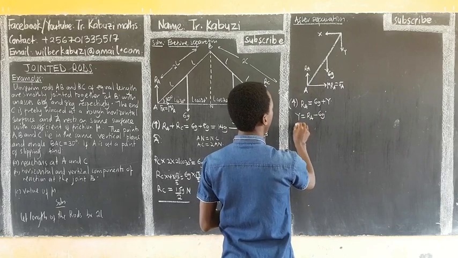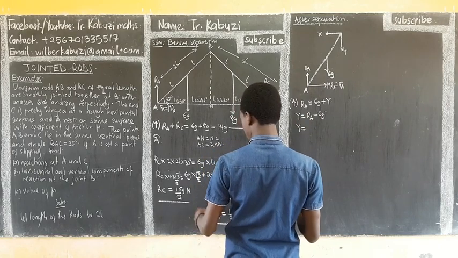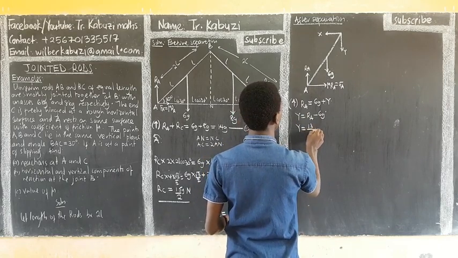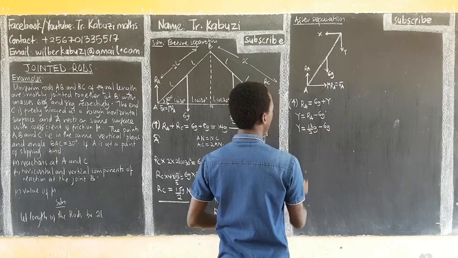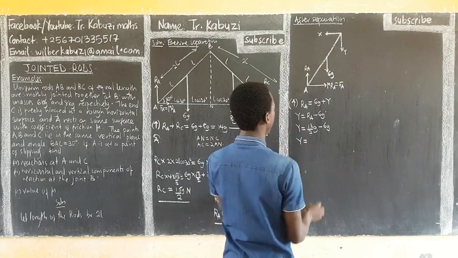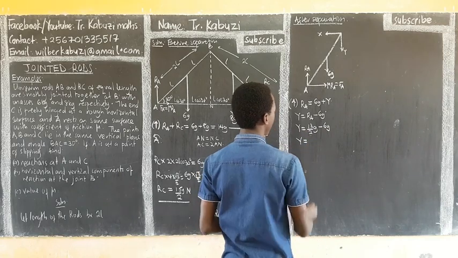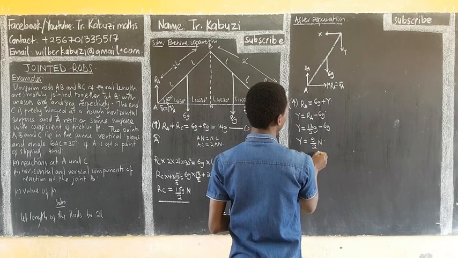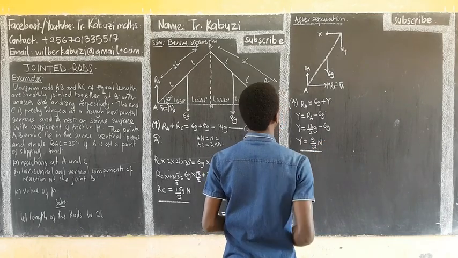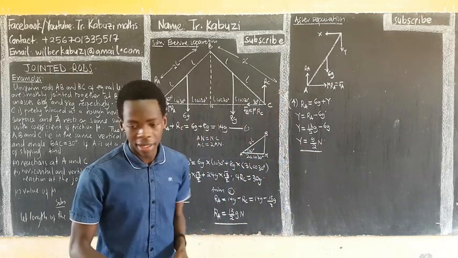So this Y is going to be my RA, which is 13 over 2 g minus 6g. And when we multiply there, we get 12 minus 13, which will give me g over 2. And these are going to be our newtons.